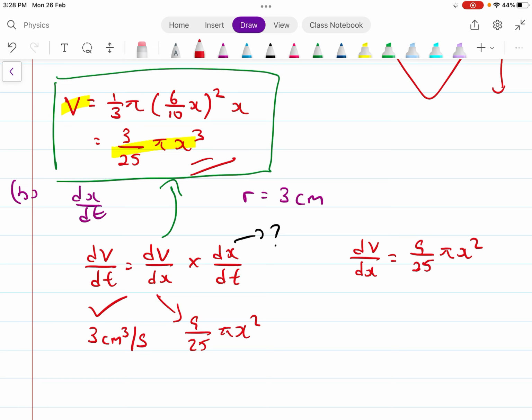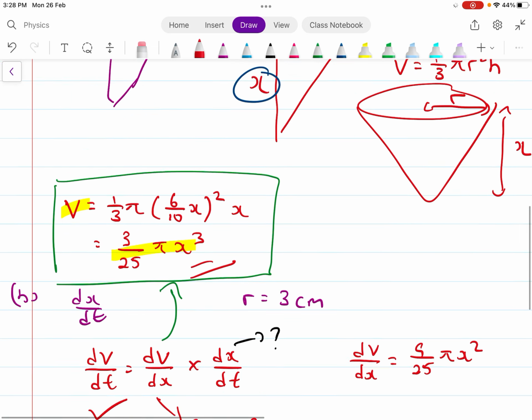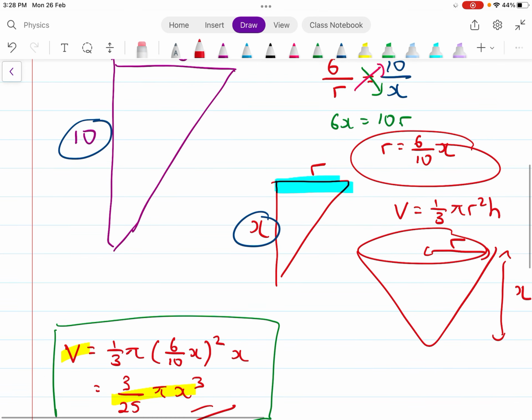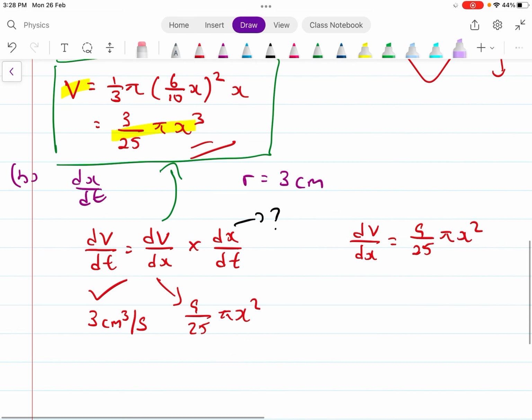They say that the radius of the water is 3. Let's remember that radius and x are different. The relationship between the radius and x is that the radius is 6 over 10 times x.